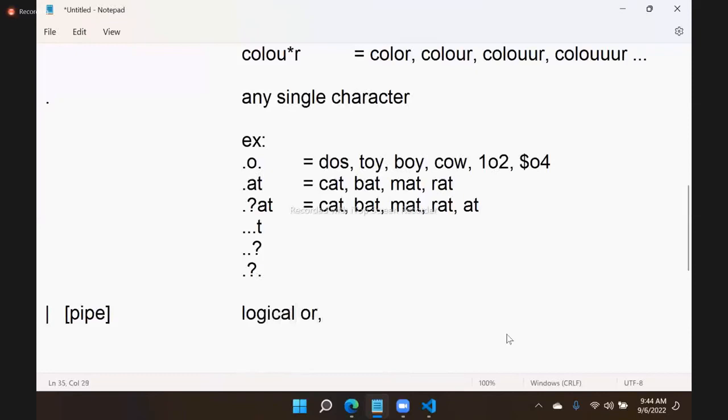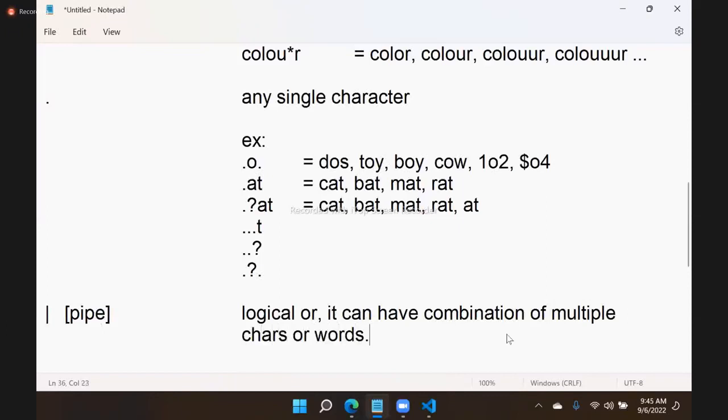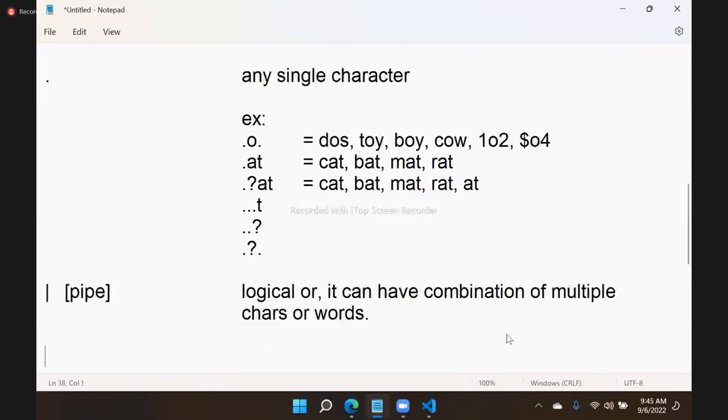That means it can have a combination of multiple characters or words.